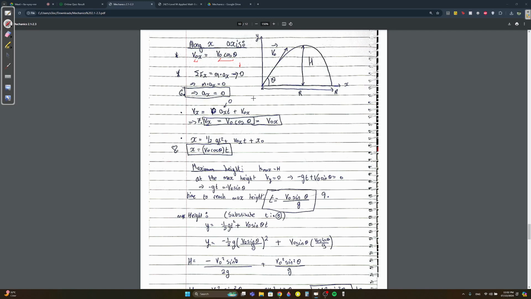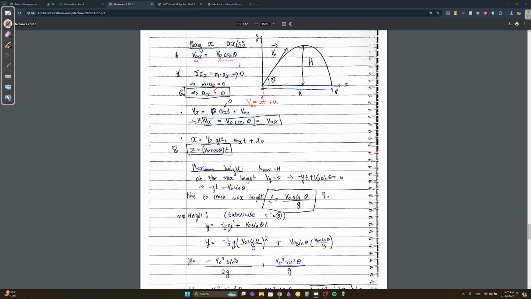Meaning that on the x-axis, if acceleration is 0, what does that mean? Vx is constant. But on the y-axis, there's acceleration. Ay is equal to negative g, remember, this is the first thing we said. So for Vx, we know v is equal to at plus u.